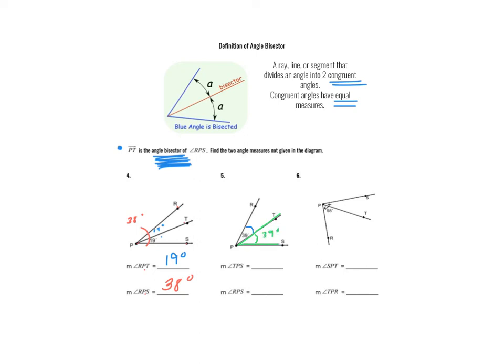If I want to record that on the line, I'm going to see TPS, T to P, out to S. Yes, this is 39 when I tap it out. RPS, yep, that's the whole thing. I just double checked with my eyes. R to P to S, that's the whole thing. So to find the whole thing, we would just do 39 plus 39 this time, and that's going to give us 78 for a final answer for the major angle. So this whole thing is 78 degrees.